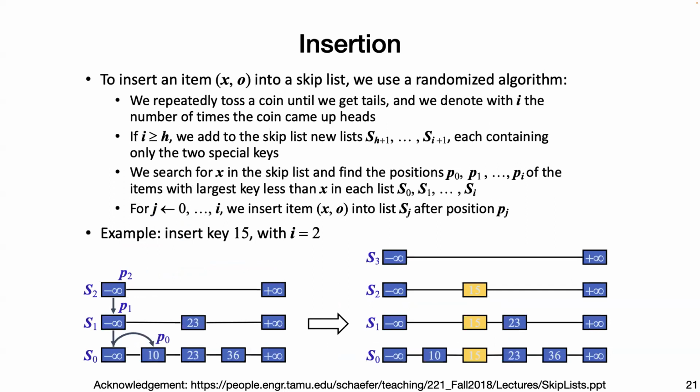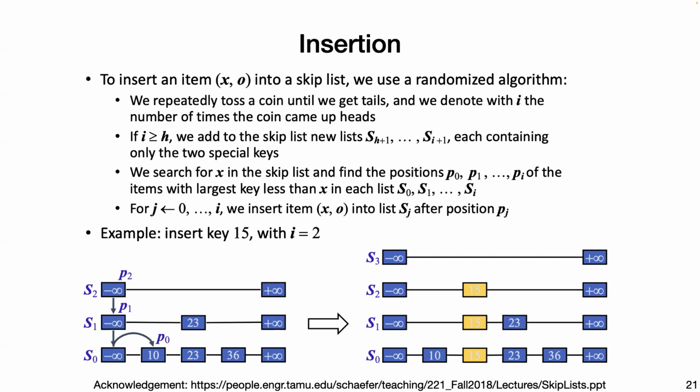To insert any item in the skip list, we use a randomized algorithm. When an element comes, we toss a coin until we see tails, and the number of times we saw heads is some variable i, and that tells us how high we promote the element, that is, how many levels the element will appear in. That's a randomized thing, you just flip coins, so you don't have to do any balancing for that.